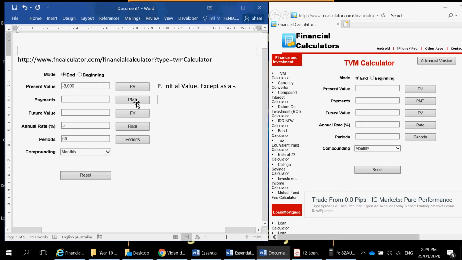I'm still waving my arms around as if you're filming me, and it's just a waste of time. For the purposes of what we're doing, we don't have to worry about this or this at the moment. This stuff is for when you're dealing with things like home loans. This here, we're actually calculating future value, but I'll get to that. Payments is when you're dealing with things like home loans.